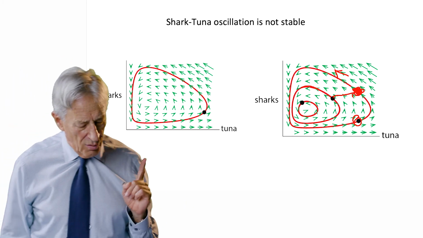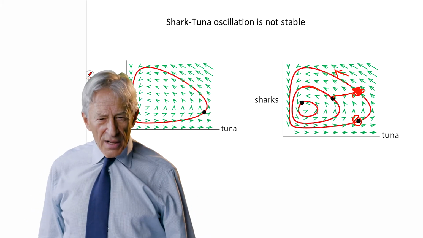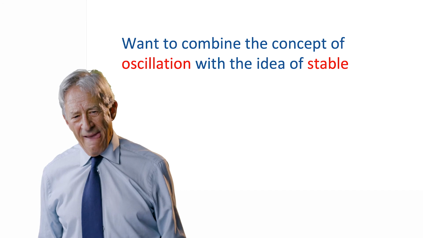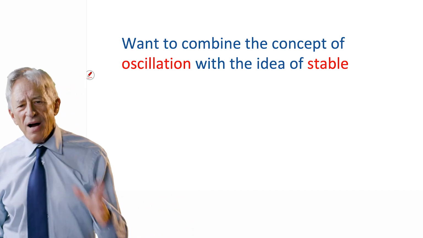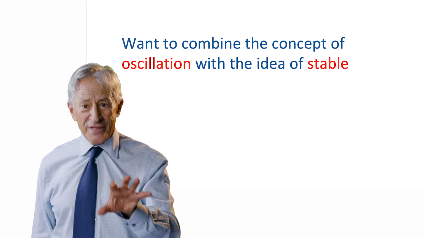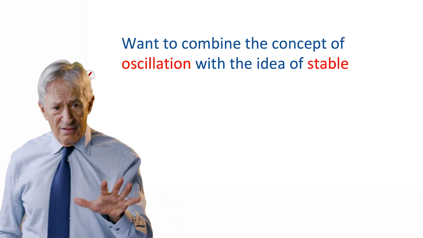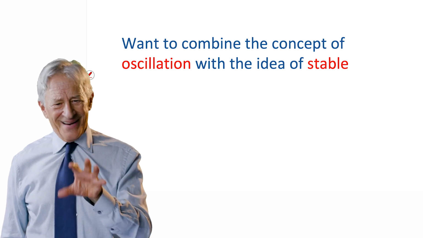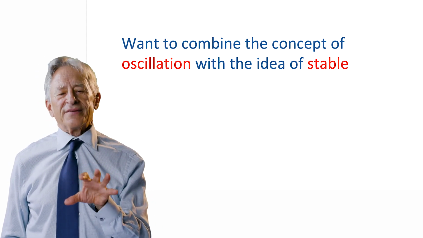So now I'm invoking a kind of a new concept, which is that we want to combine. We have this concept of oscillation, which we like, which we need, but the shark tuna model is not a good example of what we want.